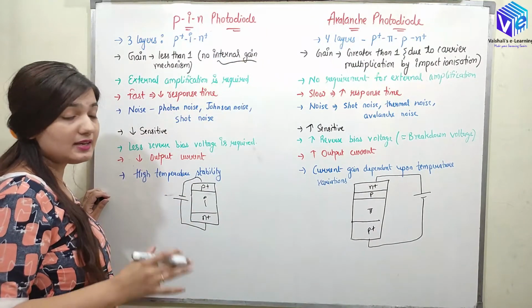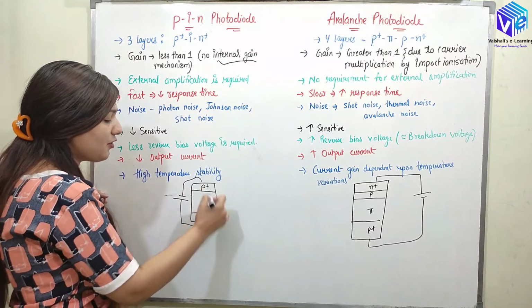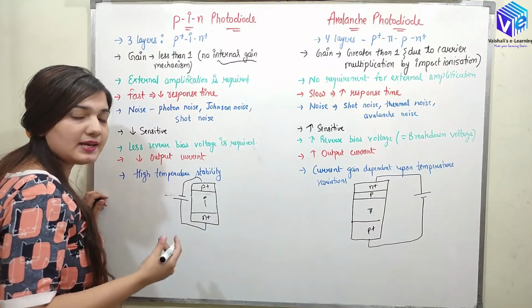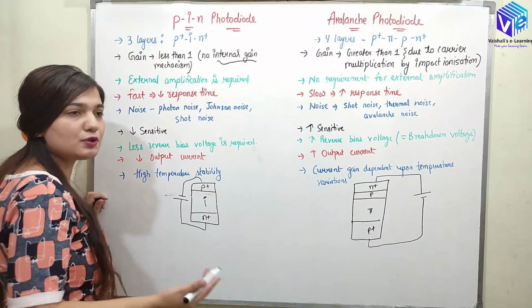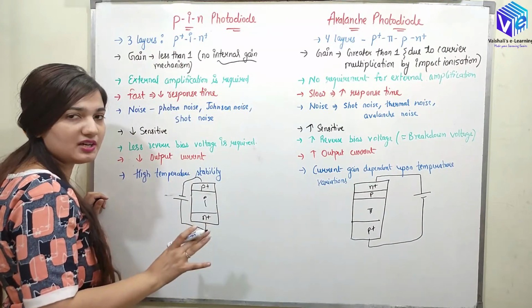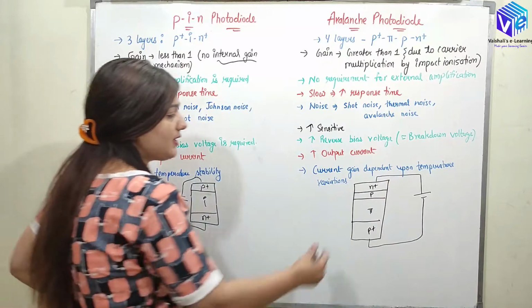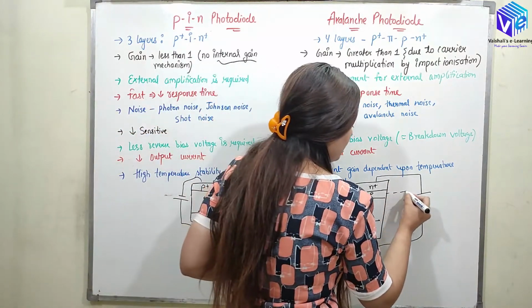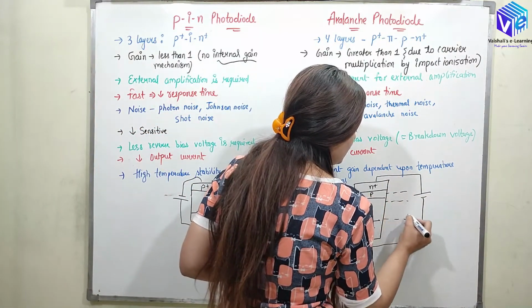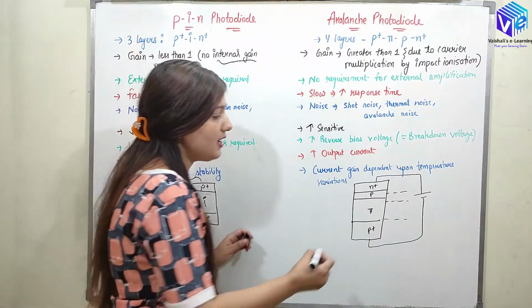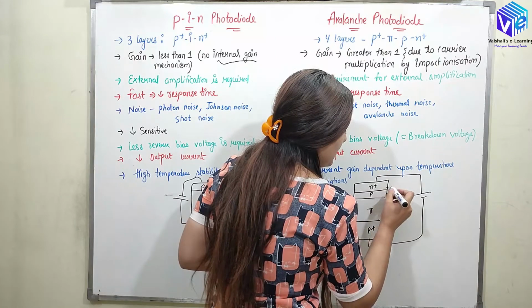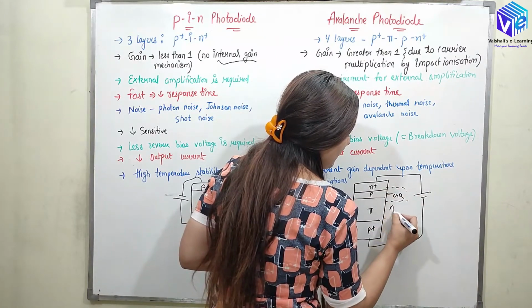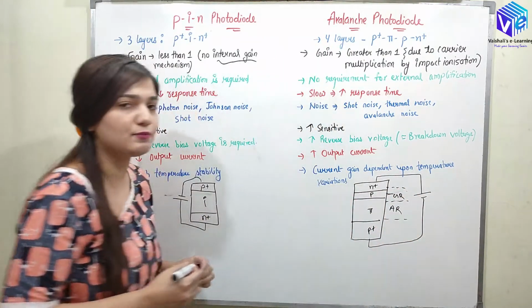Internal gain is not provided from any of its parts, and the gain is less than 1, so the output current would be less than the input current. But in this case we have the gain region. With the absorption region we have the gain region as well. This is the gain region near the N plus P depletion region, and here we have the absorption region where the light is absorbed.